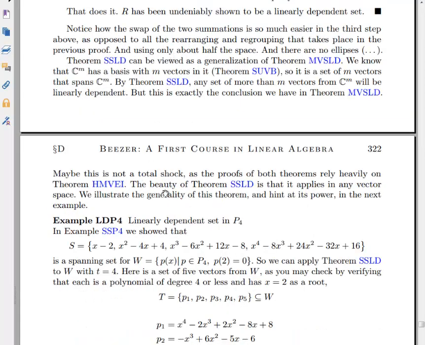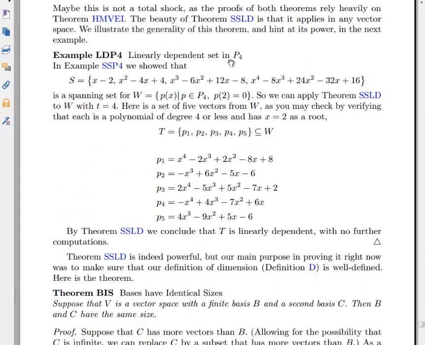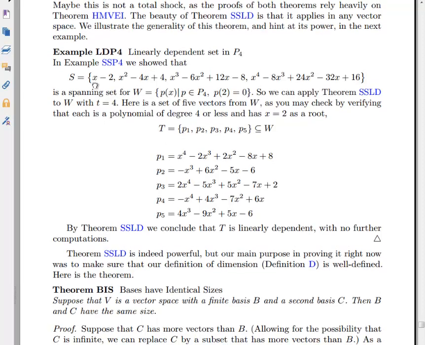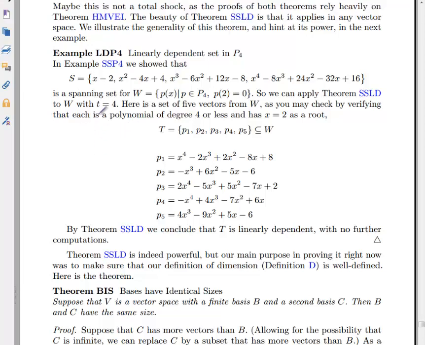All right, so let's look at an example. Let's consider the vector space P4. And we're going to take a set of polynomials here. We've seen this set of polynomials before. Here are 4 polynomials in P4.